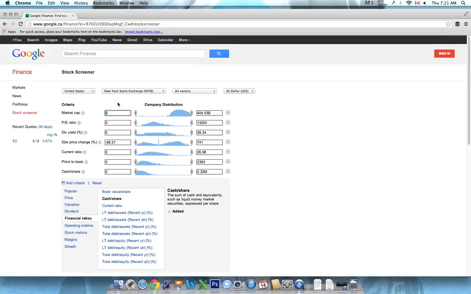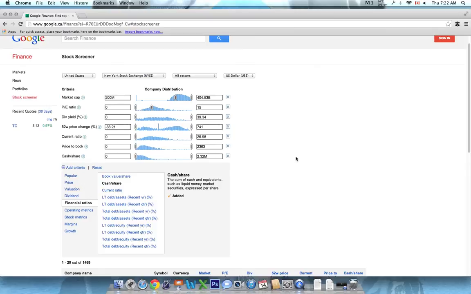Now, when we're looking at fundamentals, I don't want to be going too small on market cap, so I'm just going to put 200 million as a floor. Dividend we can leave as is. I think that's something to consider, but not a primary concern for me if I'm only looking for strong fundamentals.